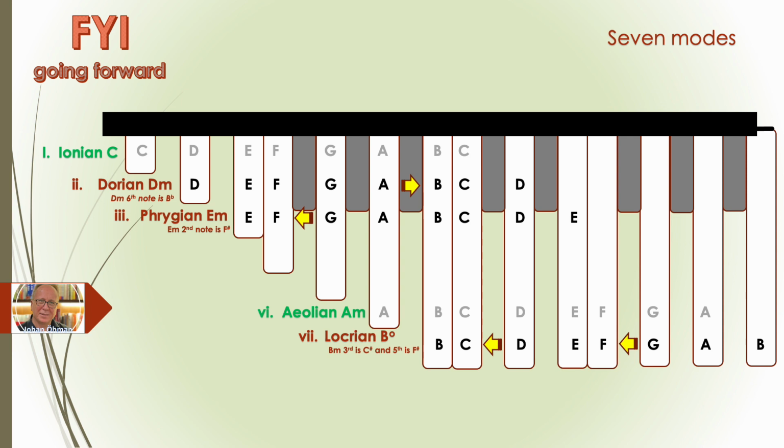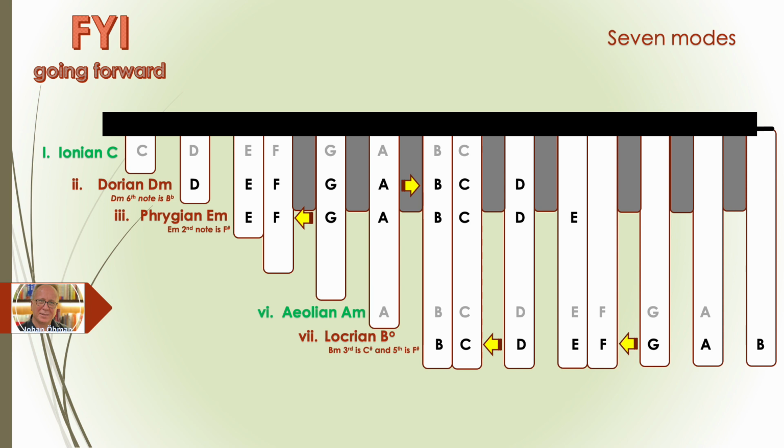And on 2 you have the Dorian scale, and it's actually a Dorian D minor, but it's not a normal D minor because the D minor would have a B flat, but the Dorian scale uses the same notes as the C major scale, so the B is a B natural. That means that the B is lifted up, and that is the signature of the Dorian. The 6 is lifted up 1/2 step. It's a minor scale, and you will see soon why it's a minor scale.